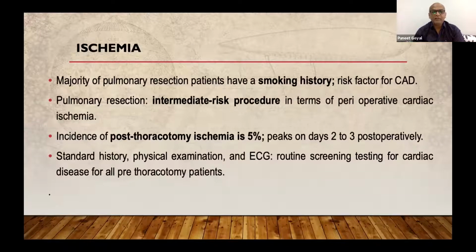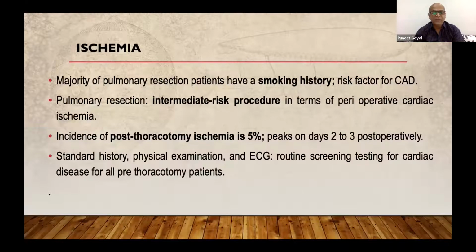The majority of pulmonary resection patients have a smoking history as a risk factor, and pulmonary resection itself is an intermediate risk procedure in terms of perioperative cardiac risk factors. The incidence of post-thoracotomy ischemia is 5%, which peaks on the 2nd and 3rd postoperative day.